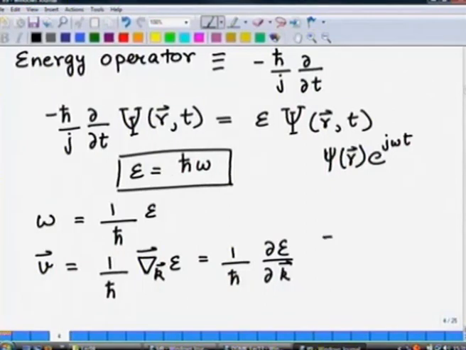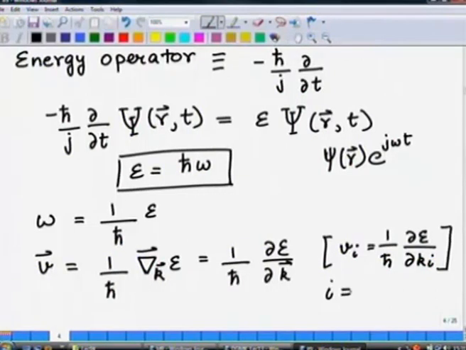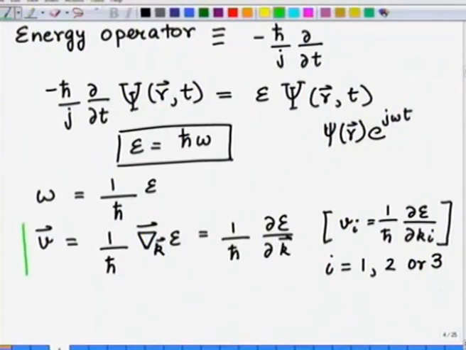In fact, I could write it in indical notation, because I am going to use this very soon. I can write the ith component, i being equal to 1, 2 or 3, as 1 over h bar times ∂E/∂ki. That is the velocity components written out in indical notation.